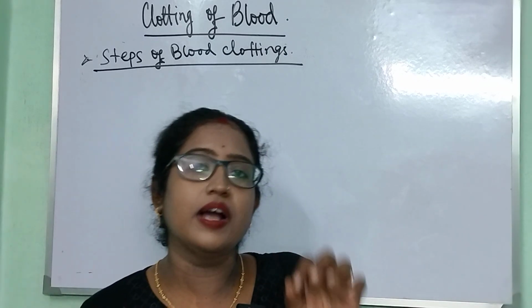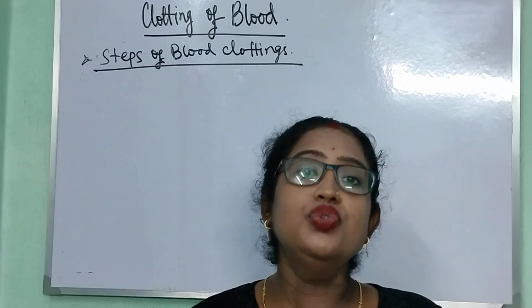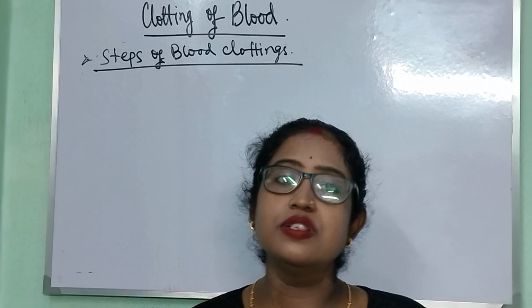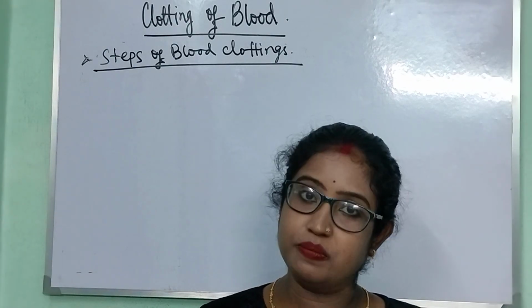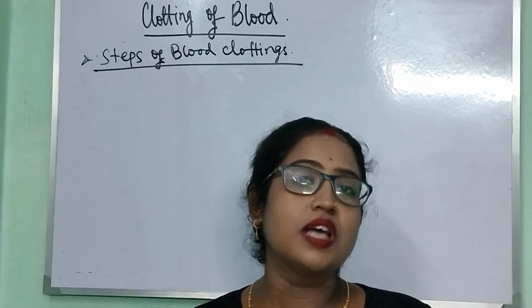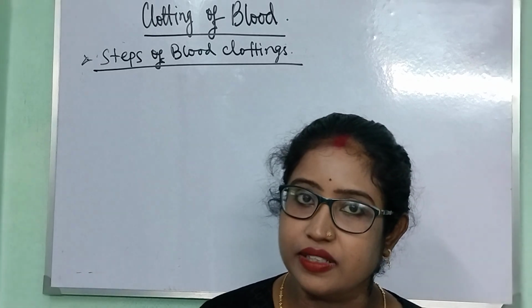A blood vessel has a smooth inner wall so that the blood corpuscles move easily. But when the blood vessel ruptures, its surface becomes rough, and the rough surface damages the platelets.